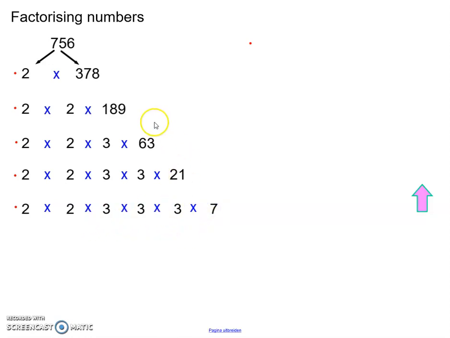And now I have written 756 as a product of 1, 2, 3, 4, 5, 6 factors. So this means 756 can also be written as 2 times 2 times 3 times 3 times 3 times 7. So now I've factorized this number, 756.